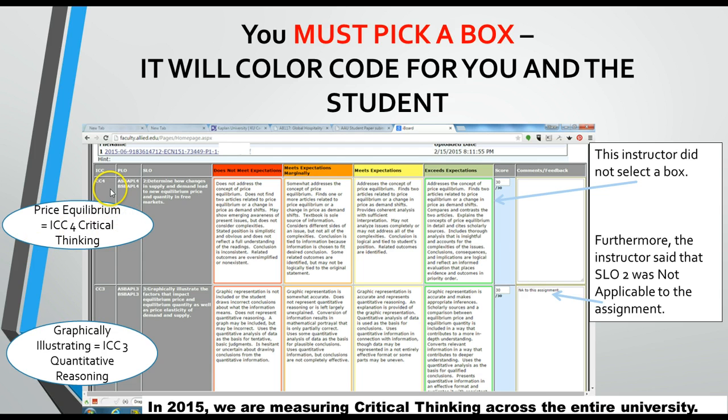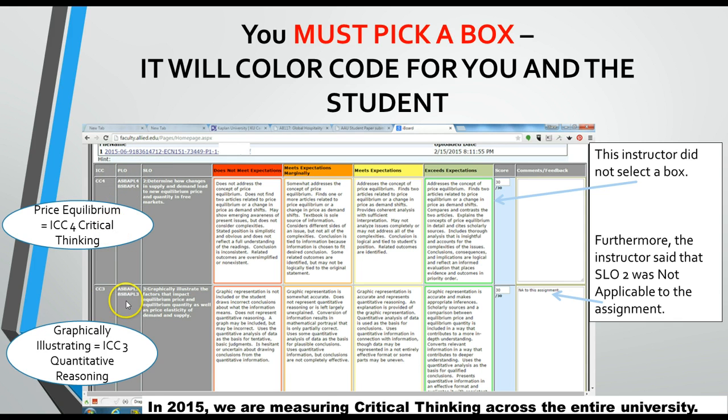I know up here because this tells me that this particular SLO 2, asking about price equilibrium, as described right here inside the proficiency descriptors, does it in terms of ICC4, which is critical thinking. It also lines up to the program learning outcome of critical thinking.